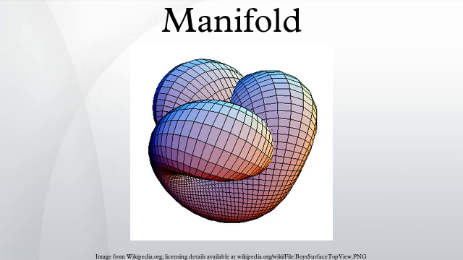Basic results include the Whitney embedding theorem and Whitney immersion theorem. In Riemannian geometry, one may ask for maps to preserve the Riemannian metric, leading to notions of isometric embeddings, isometric immersions, and Riemannian submersions. A basic result is the Nash embedding theorem.